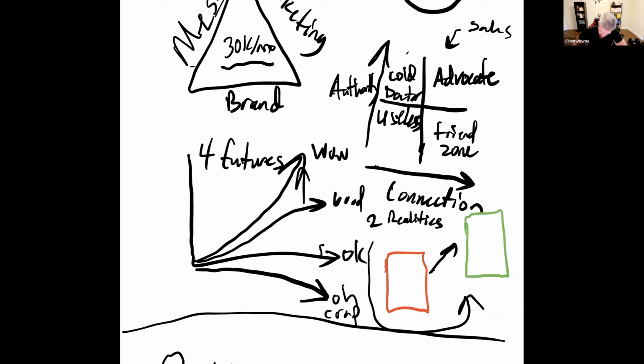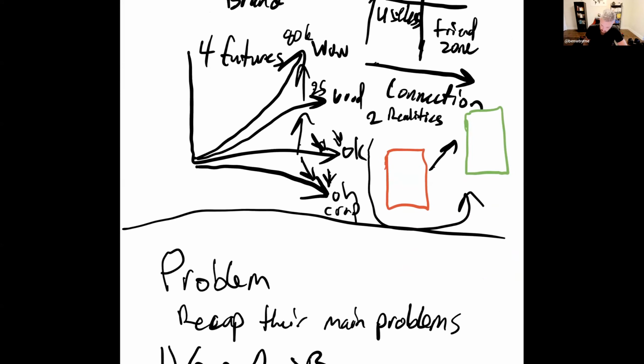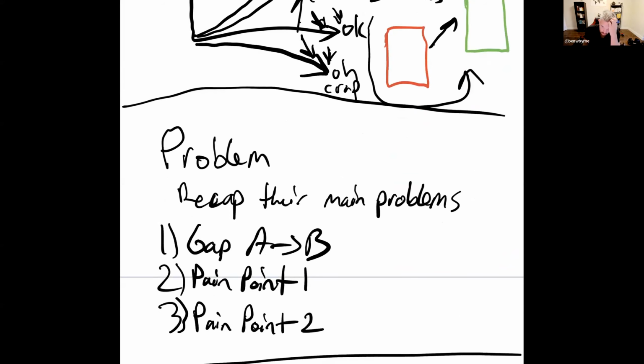If you do nothing, you'll be down here at the okay one, or even worse, down here. And if you take everything we spoke about today and try to do it yourself, maybe you get here. And then maybe you assign numbers. This is like 80K per month, crushing. This is like they go from 10 to 25, which is okay. Here, everything stays the same. Here, they go down, whatever they don't want. Okay, so anyway, let's talk about the why part.